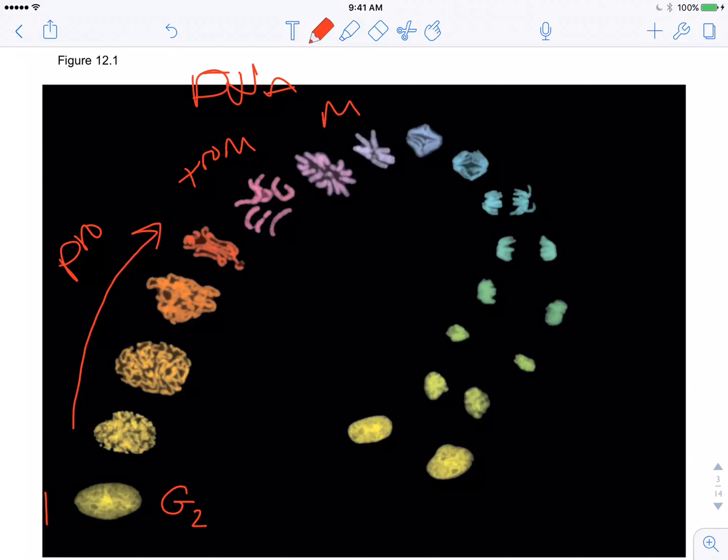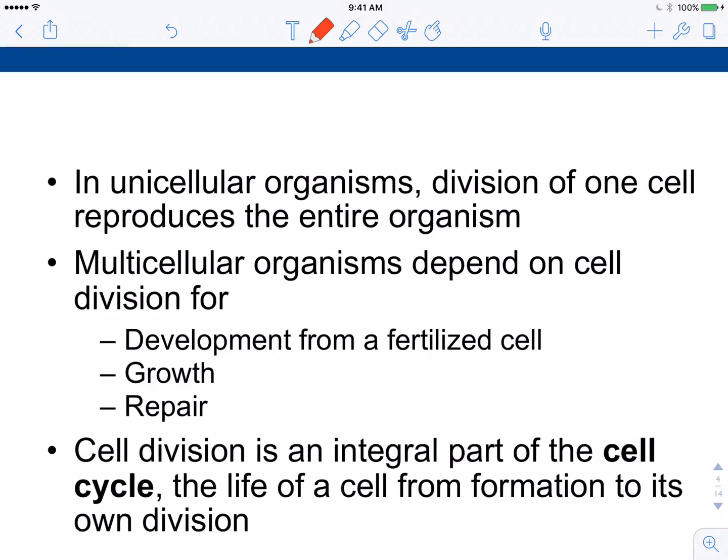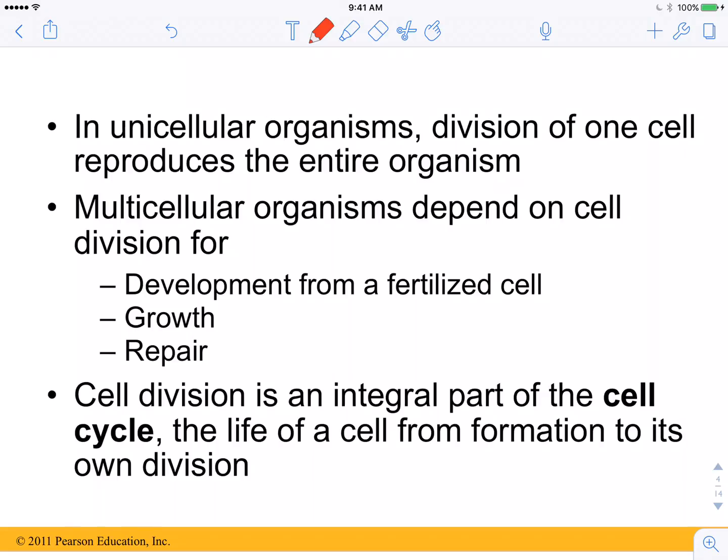There's metaphase, anaphase, telophase, and cytokinesis, and now we have two cells in G1. Pretty.